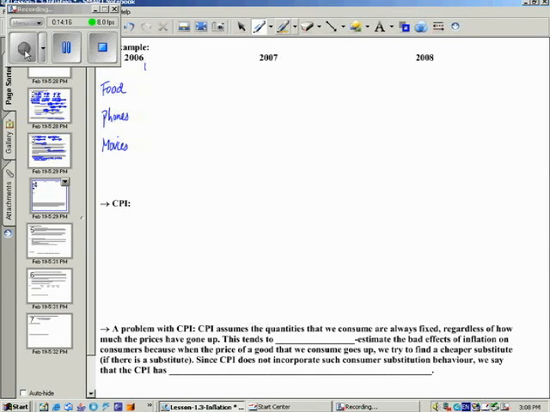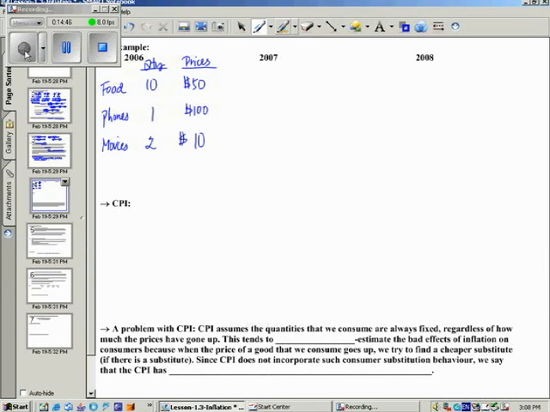And during a typical year, we consume 10 units of food, 10 gift baskets of food, 1 phone, and we watch 2 movies. The prices will be $50 per gift basket, $100 for the phone, and $10 for each movie.